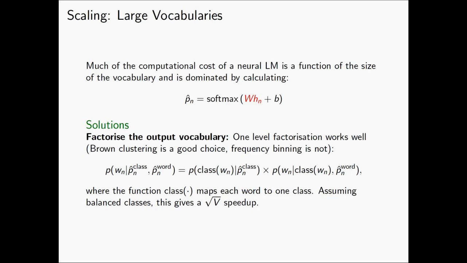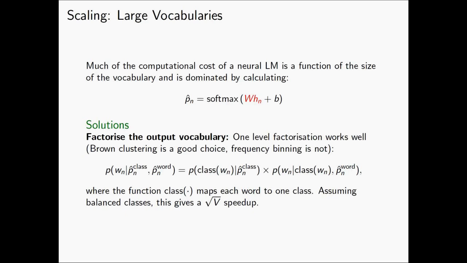But remember, we can use the chain rule, just like we did for language modeling, to decompose the joint probability into a series of conditionals. We can use the same idea to decompose that one big softmax into a series of softmaxes. So now we say, let's assume that we have a function which maps every word to a class, so an integer value. And imagine our set of classes is much smaller than our vocabulary.